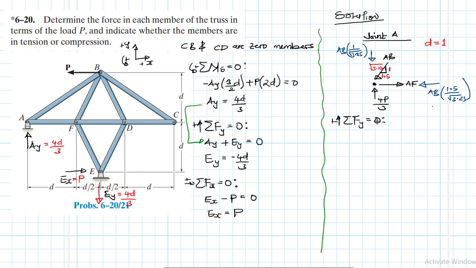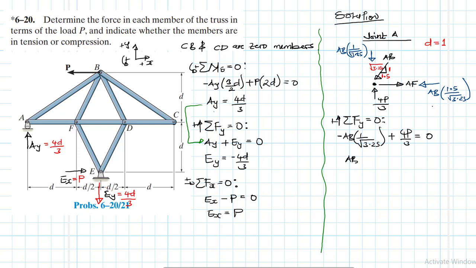So what do we have in the Y direction? Okay, we have a minus AB, right? AB 1 over root of 3.25 plus 4P divided by 3 equal to 0.